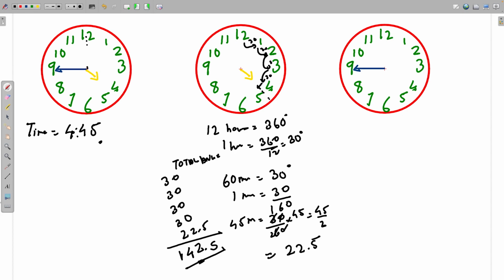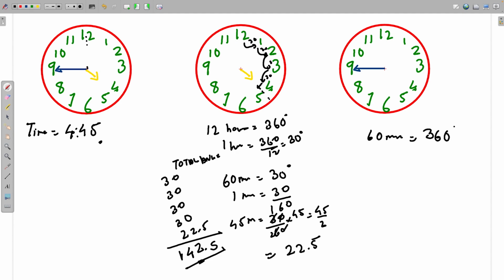Now we can go ahead with the minute hand. Again, let's go to these concepts. We have 60 minutes equal to 360 degrees.